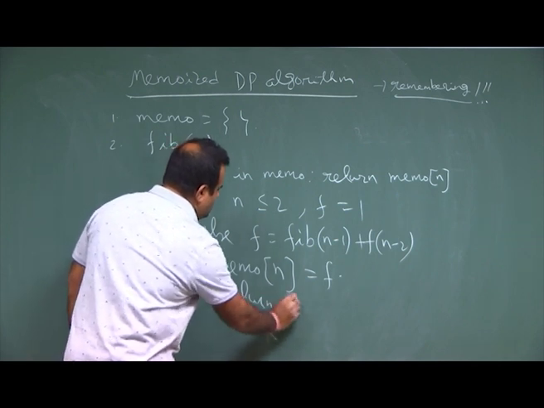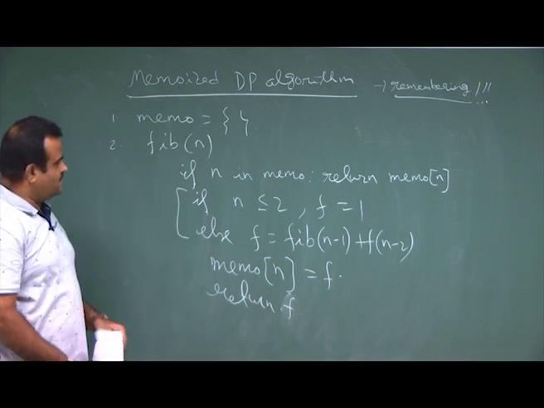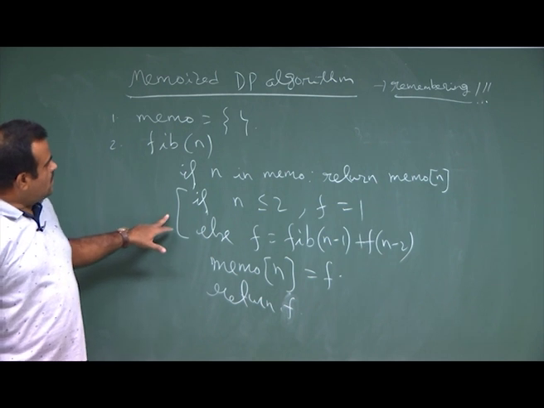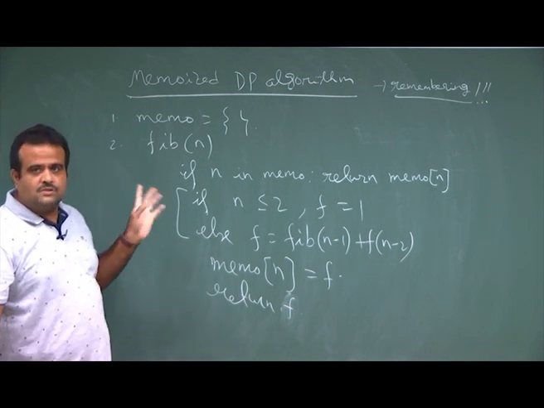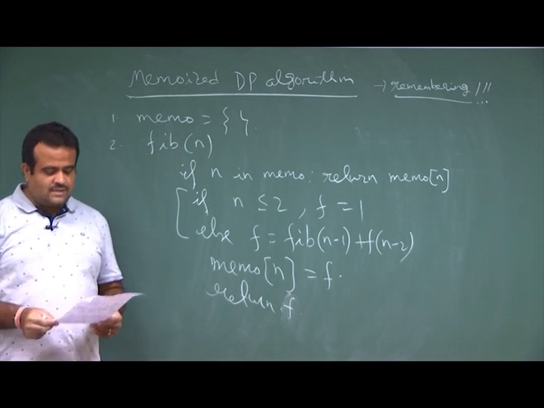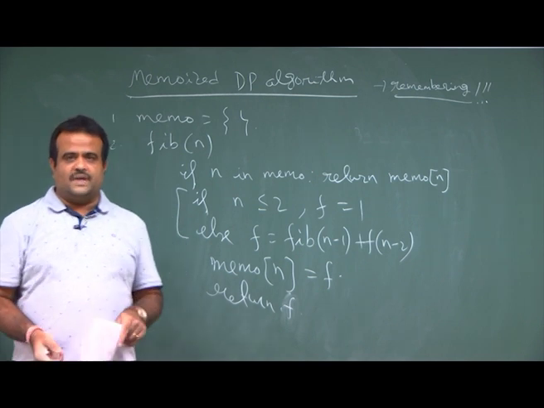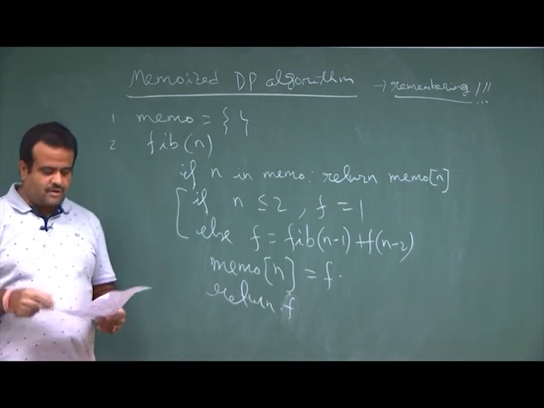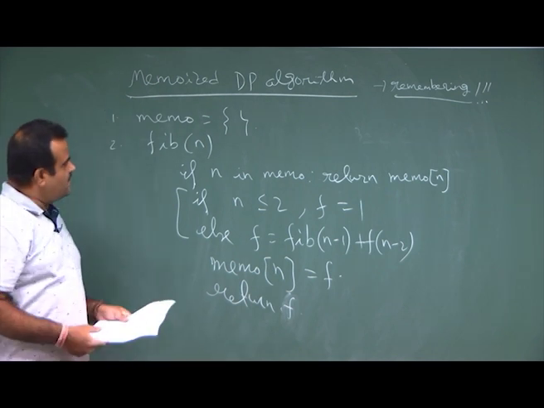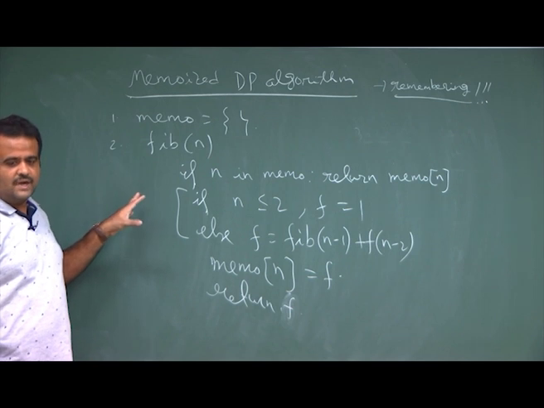So, this is the recursive step, same as earlier, but here we just look at the table, we just look at the dictionary. If that is in the table, then we are not computing that, otherwise we are computing that.